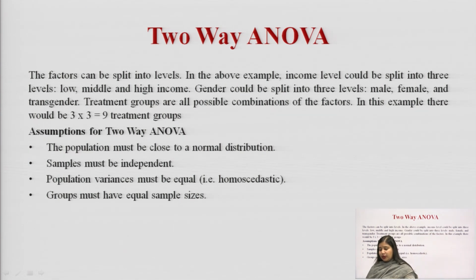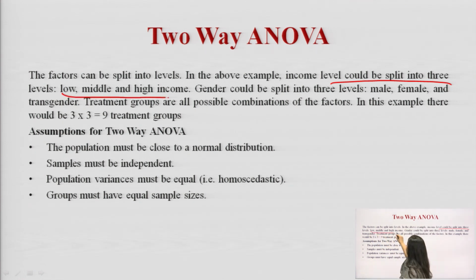When we split the factors, for example, the income level is split into 3 levels like low, middle and higher income, and gender will be split into 3 levels, male, female and transgender. Then the treatment groups are all possible combinations of the factors. Suppose the combination will become 3 times 3, so 9 treatment groups will be established.